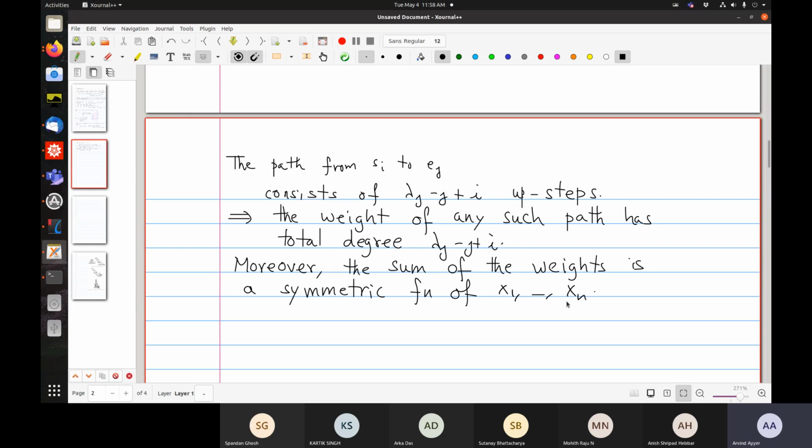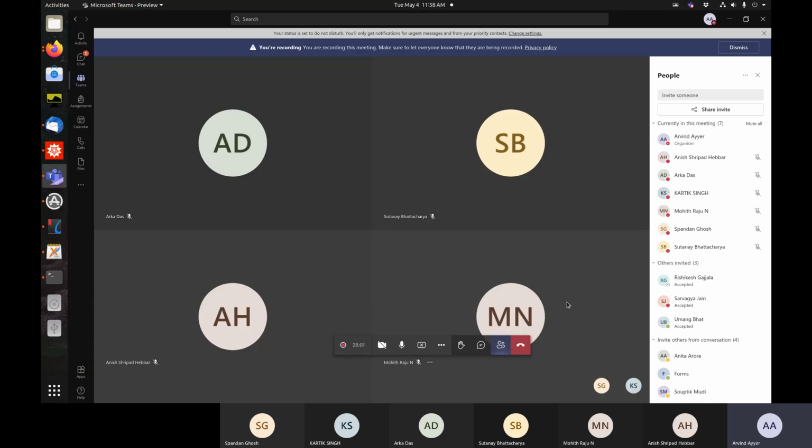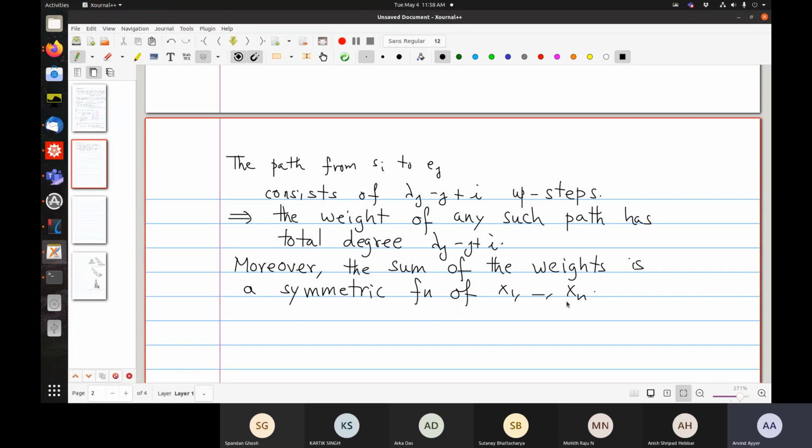If I take any monomial x1 to the n1, x2 to the n2, etc., what's the coefficient of that monomial?